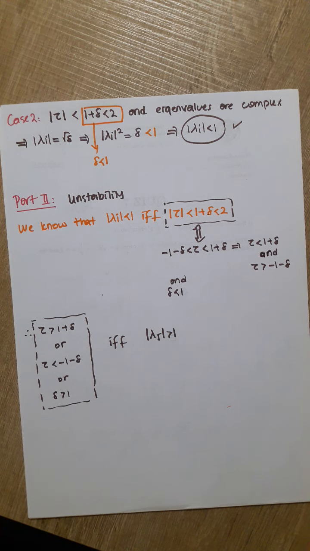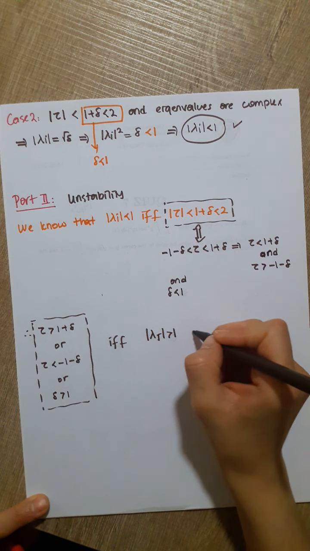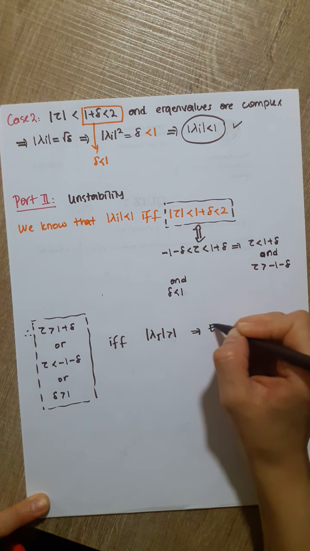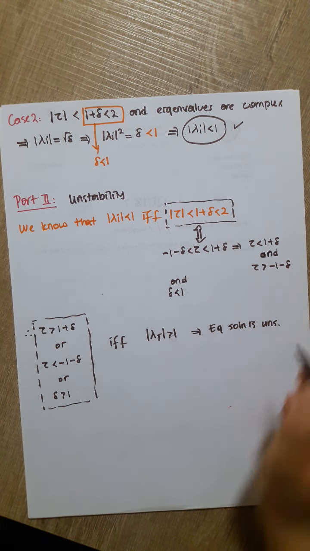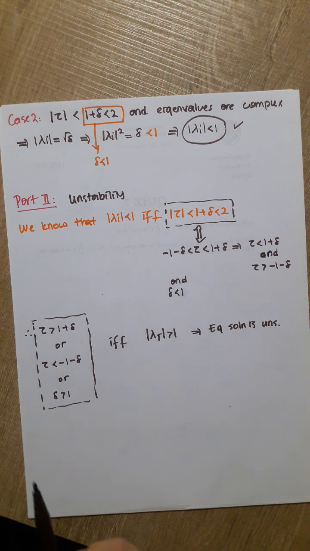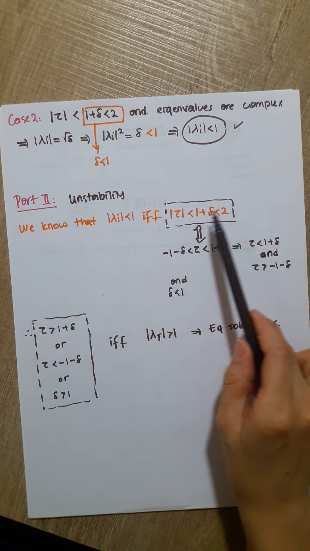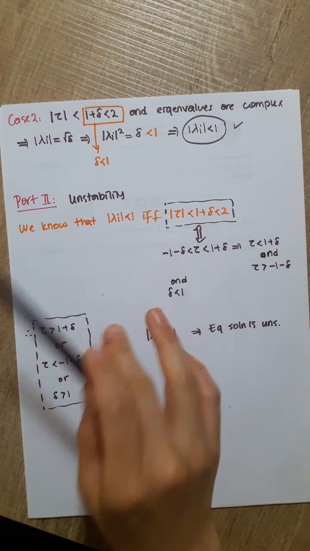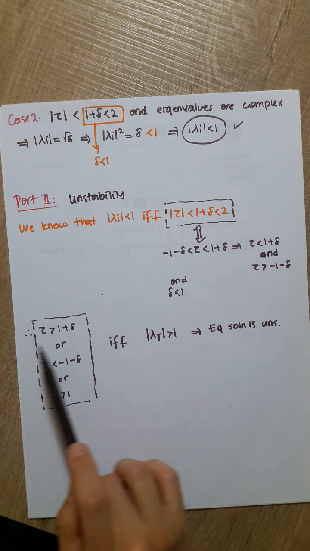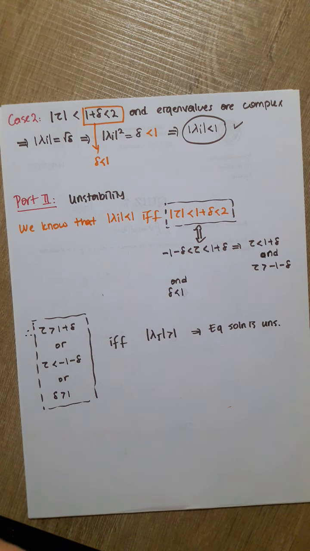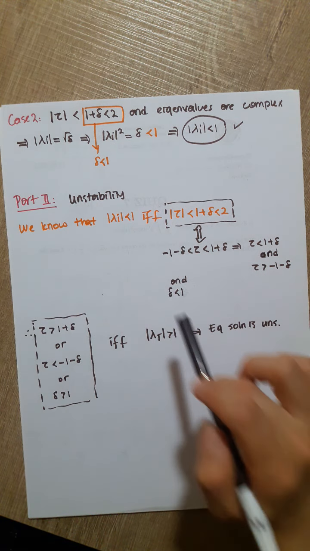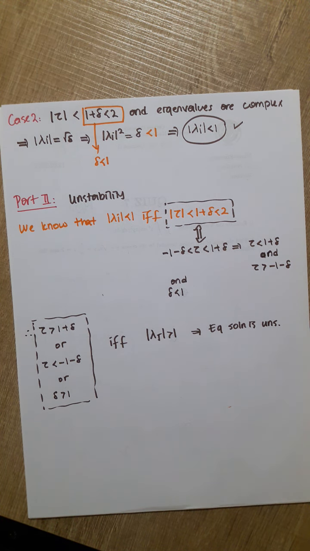It means the equilibrium solution is unstable. As you can see, if we have less than, we have locally asymptotically stable results. If we have greater than, then we have instability. If we have equalities, we have the boundaries of the stability region.